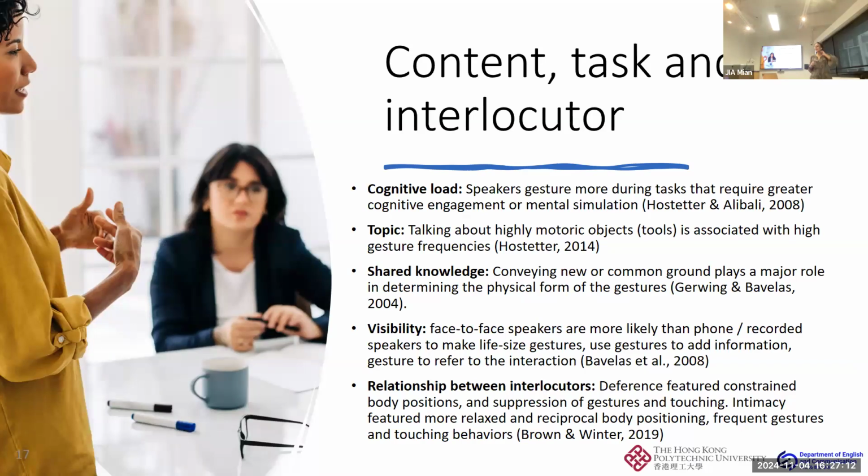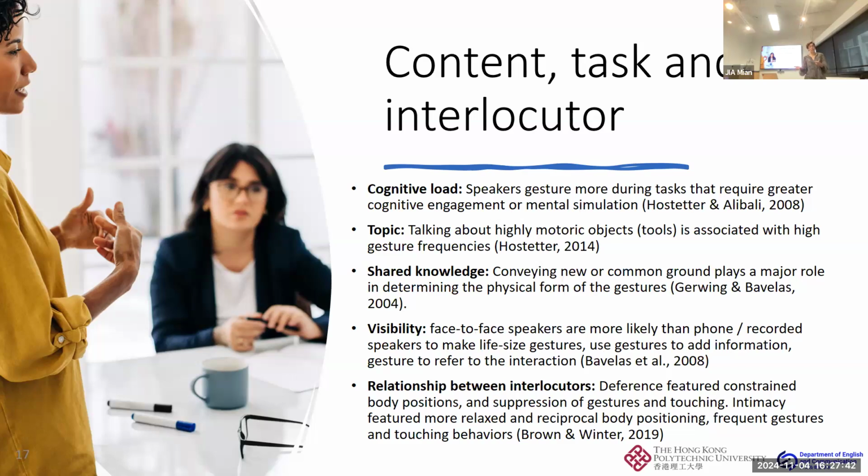These external things I was telling you about, the cognitive load, the heavier the load, the more gestures are expected. If the content is related to motoric objects, there is usually more gesture. If there is shared knowledge between the interlocutors, usually the gestures are not so many, not so strong, not so marked, because there's no need to make them salient.